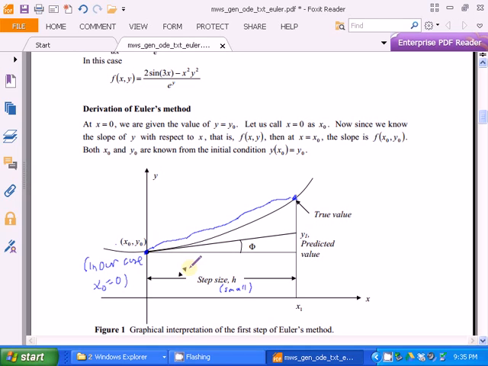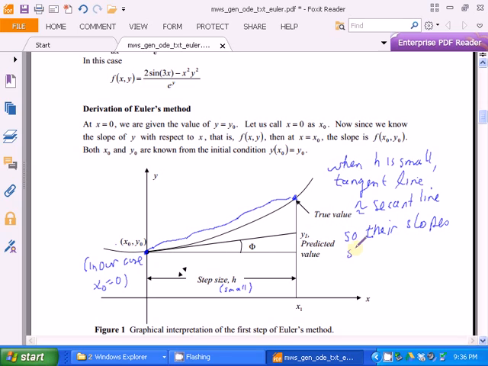So when h is small, the tangent line is approximately equal to the secant line. And that's the whole idea behind Euler's method. What that means is their slopes should be approximately equal.